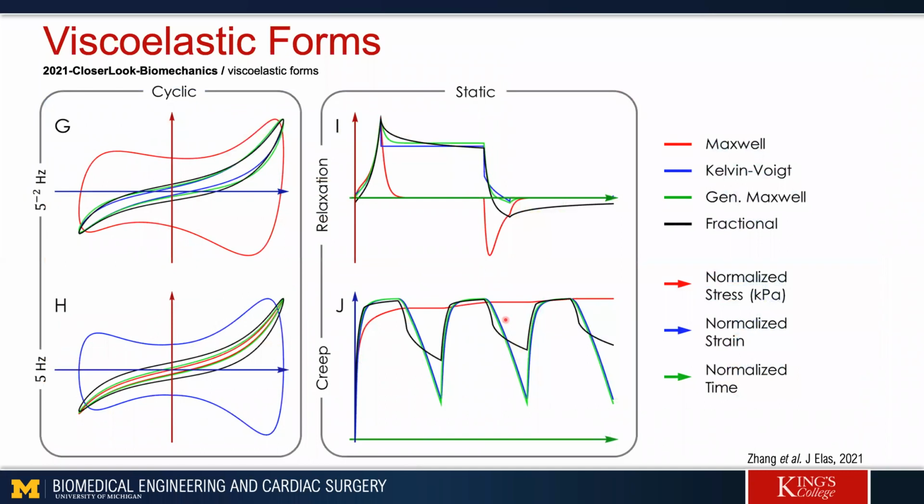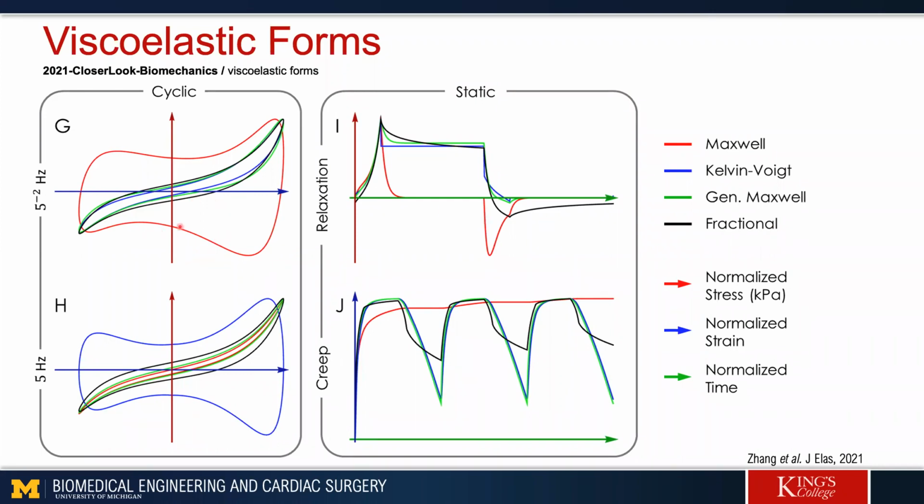I won't go through all of those details. It's a pretty long paper, but I'll highlight some of the key things that we saw. If we look at the Maxwell, Kelvin-Voigt, generalized Maxwell and fractional models, you can see some interesting behaviors.